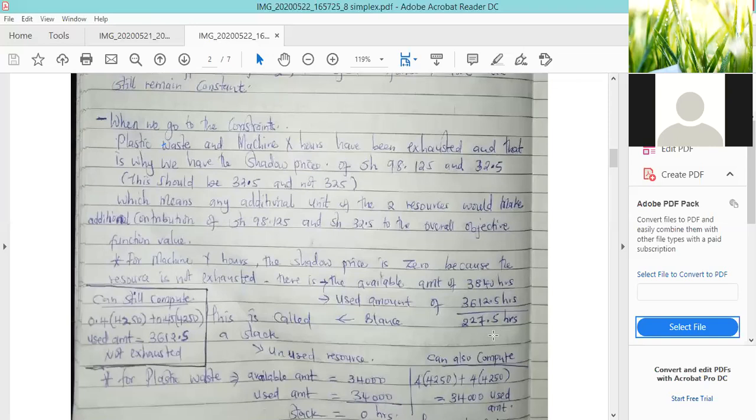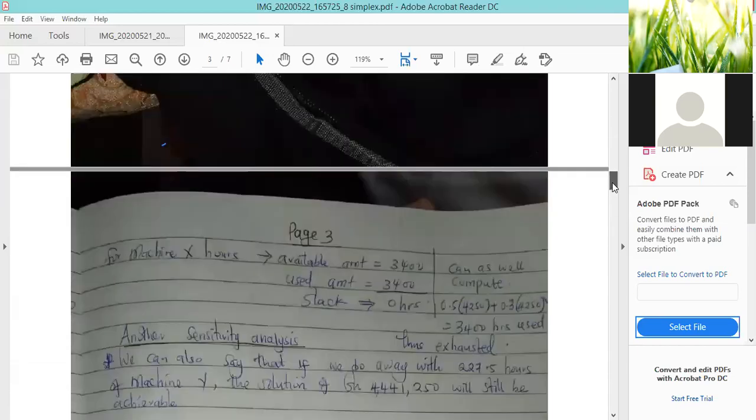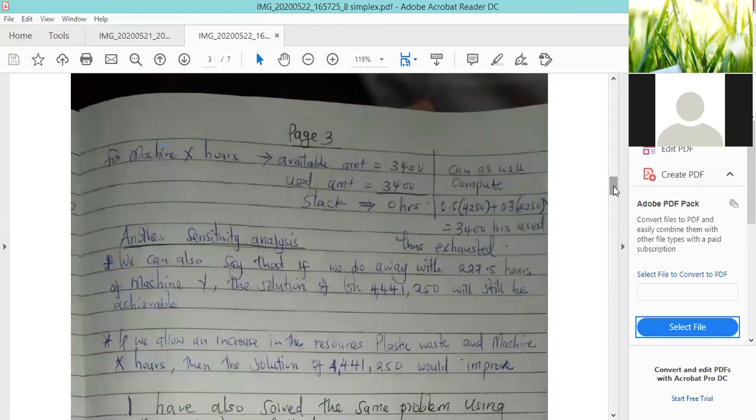Remember, I had already converted my figures to whole numbers without the decimal by multiplying all through by 100, okay? But it's the same if I go back to the original measurements of the values given. And if we have a balance, then it means the shadow price will be equivalent to 0. And that's what has been provided as the shadow price alongside the machine Y.